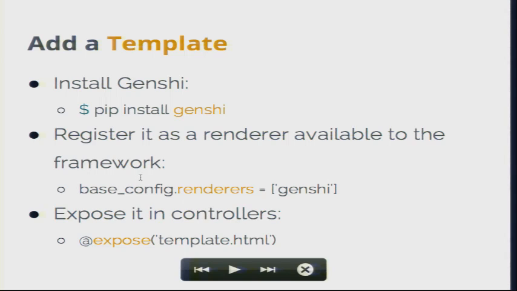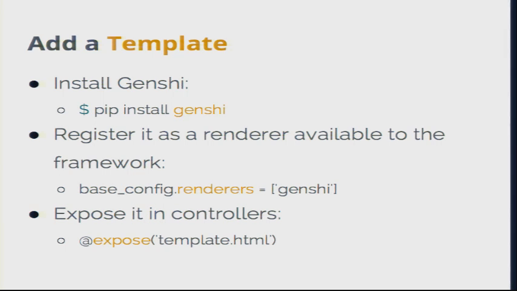Now, when you have Genshi installed, you will need to enable it inside of TurboGears. So we are going to tell TurboGears to make Genshi available as a renderer. Renderers are the ones we can use inside the expose calls to tell the framework to render that template whenever it's going to serve that page. So by adding this line, we are going to add support for Genshi inside our application.